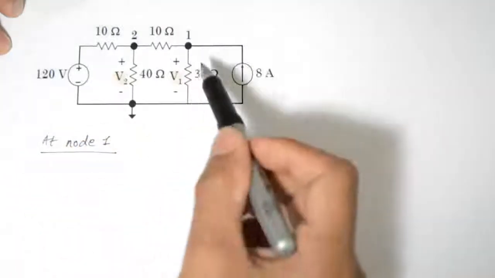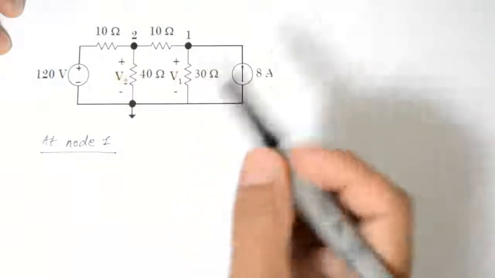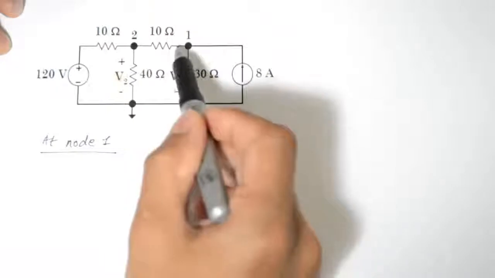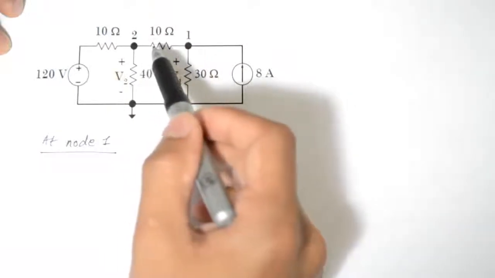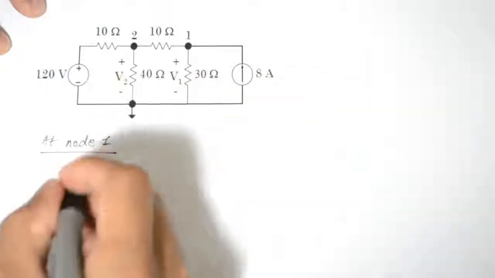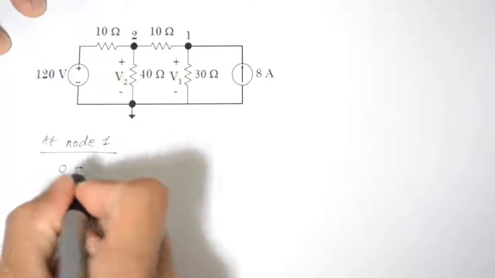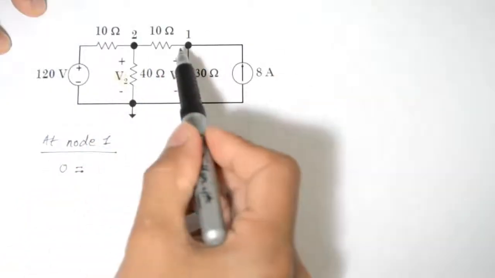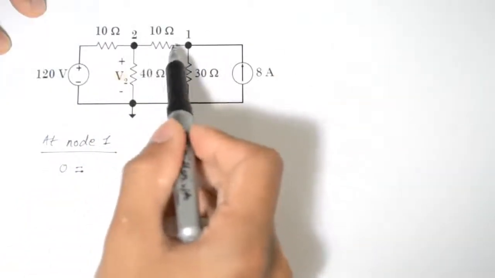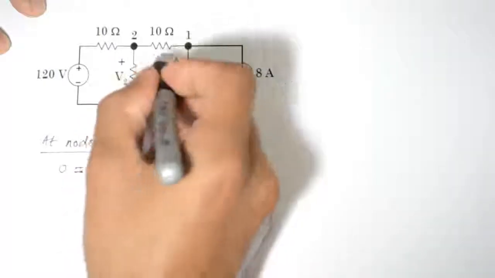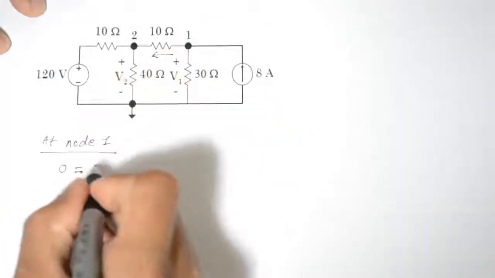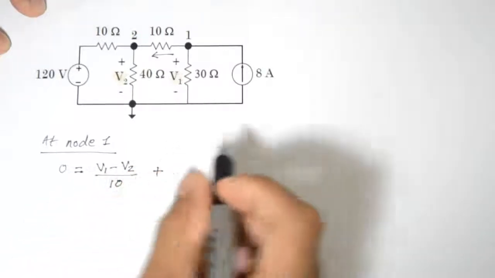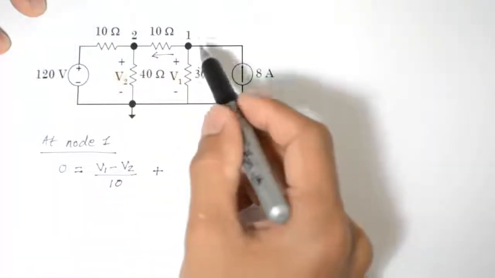what happens is that using KCL, current entering here, current going down here, and current going to the left of it, the sum of them should be 0. So we do 0 equals V1 minus V2 divided by 10, which is the current going this way, plus the current going downwards to the ground here.